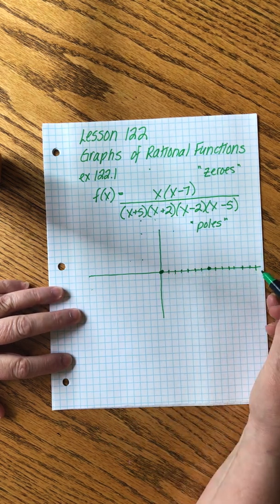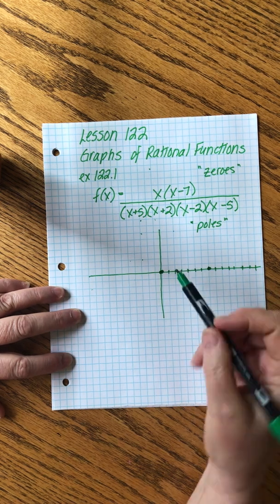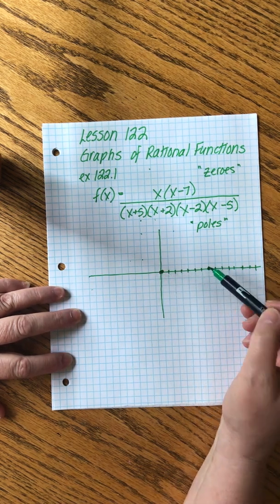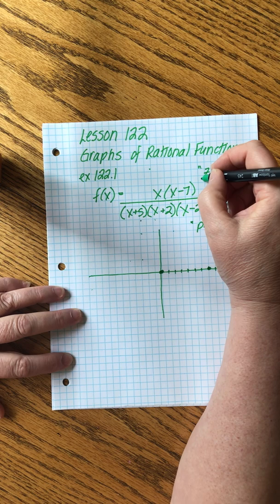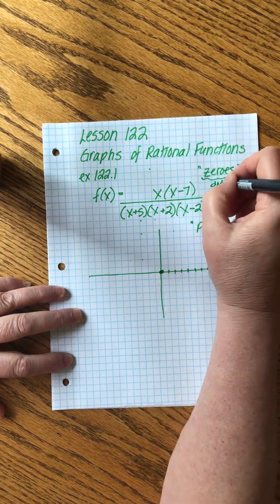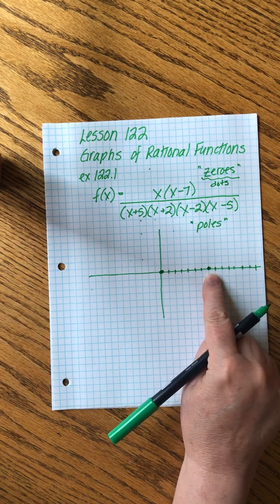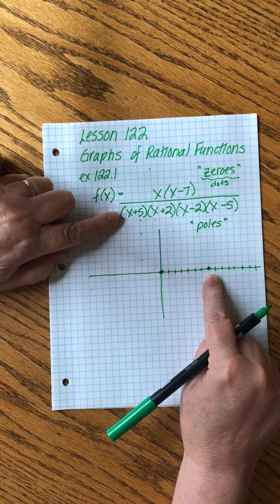I only put the hash marks in the first quadrant. That doesn't mean anything. I was just counting out the spaces. So these are our 2 zeros, and we put dots on the x-axis at the value of our zeros because our graph is going to cross the line there. All right? Now we need to graph our poles.